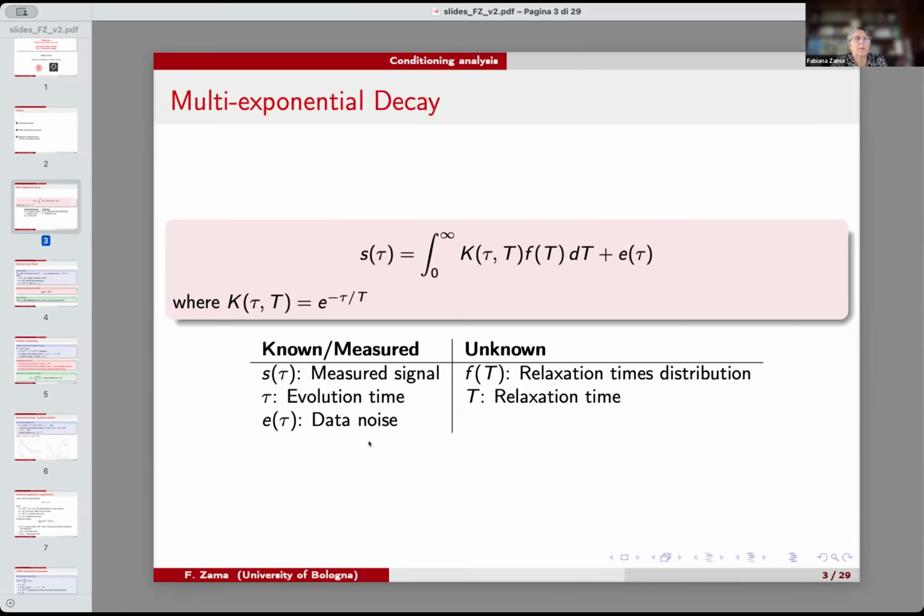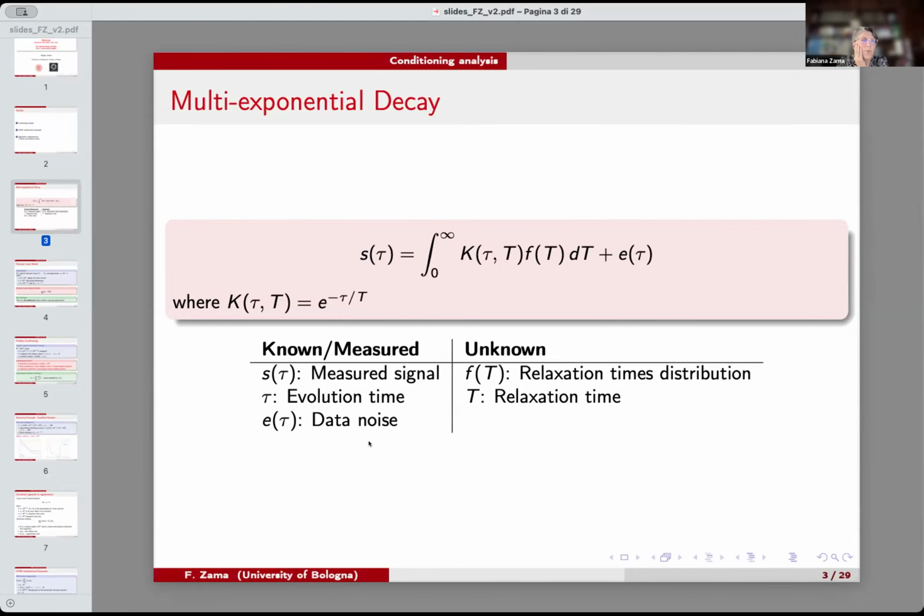The data noise maybe is not known, but it is assumed, because all the problems that we have seen are based on least square distances. And we use least square distances whenever we assume that the noise has a Gaussian normal distribution.